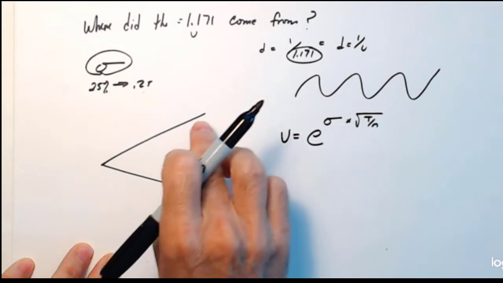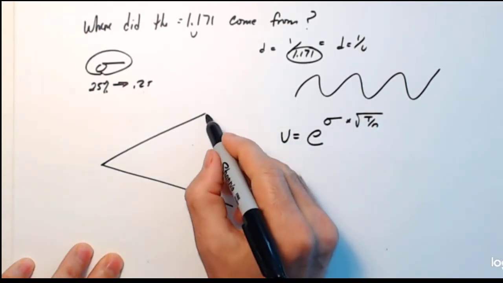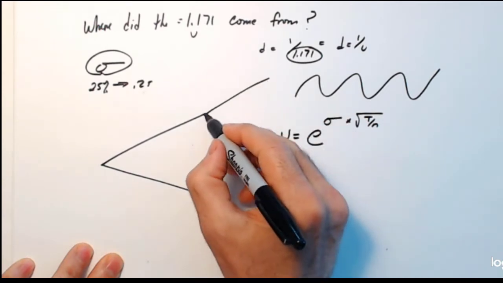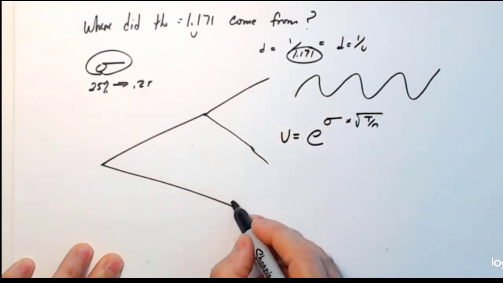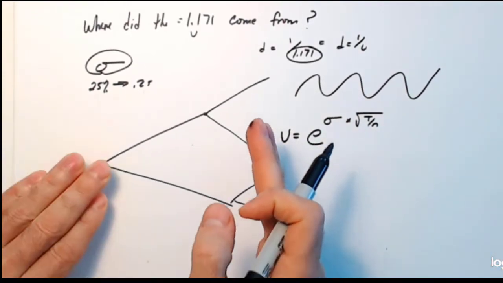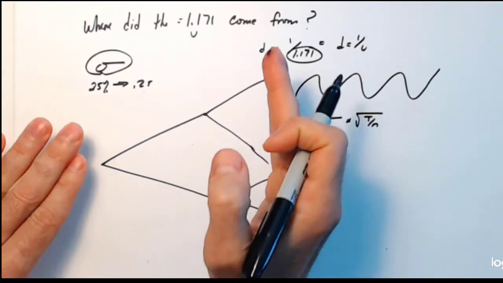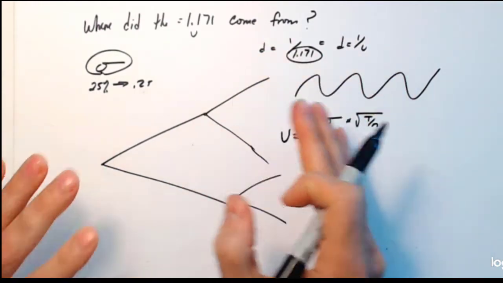So in this case, I'm just showing you a one-step binomial. And when we get back to the regular part of this video, it's a two-step, right? And you can have a three-step and a four-step. And not only that, but you can change the time, right? Is this 1 year? This is 2 years, and so on.